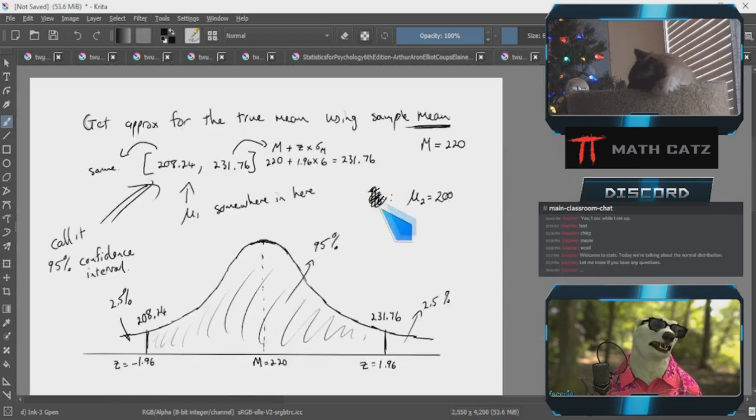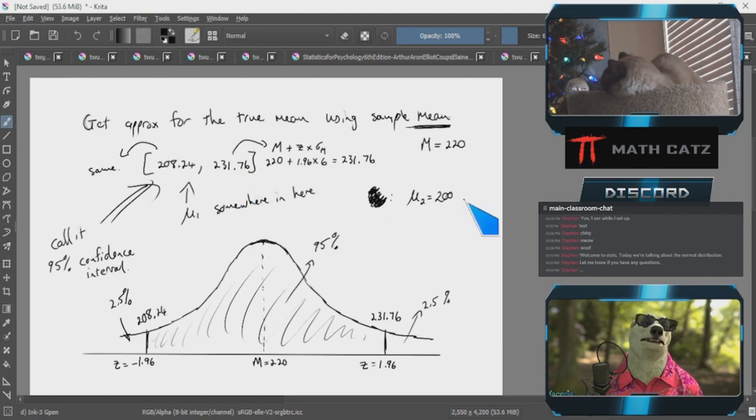I'll scratch that out. It's something for later. We can use our confidence interval and say, well, we're 95% confident that based on all our evidence, the population mean mu1 falls somewhere in this interval.